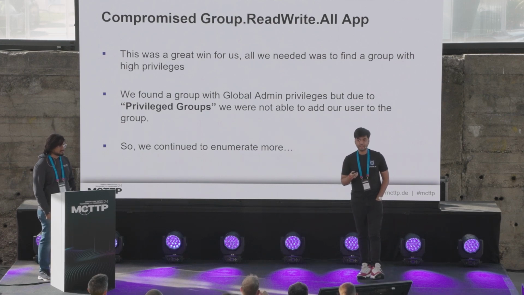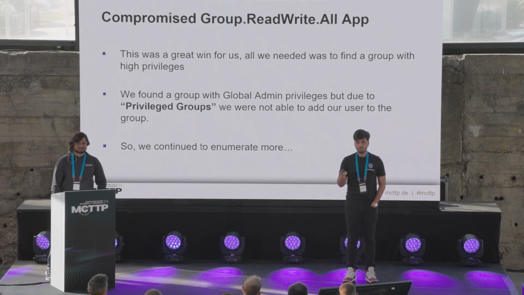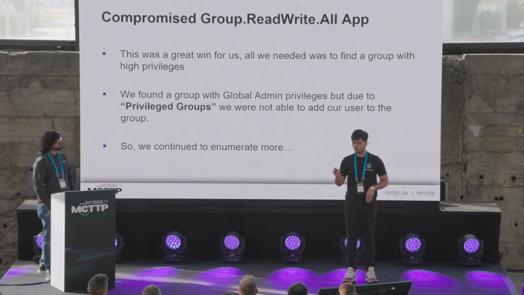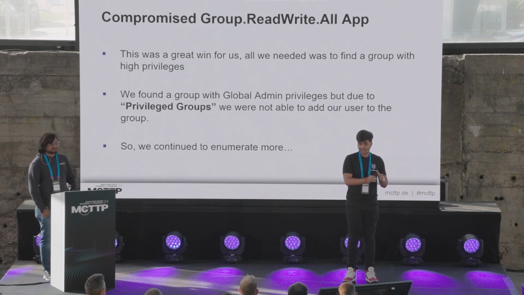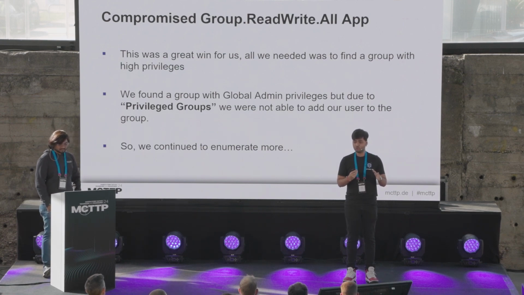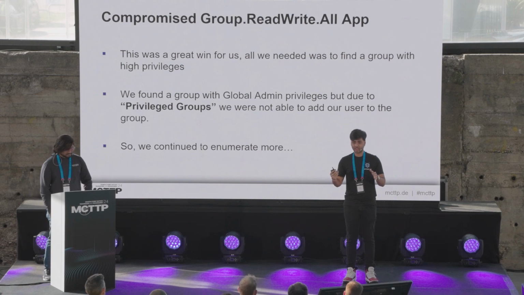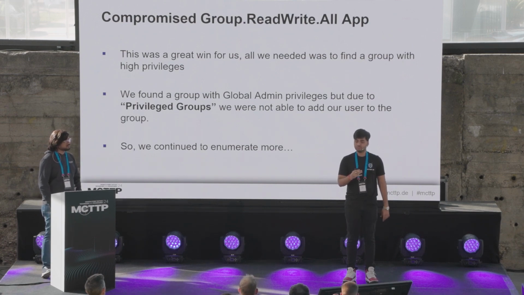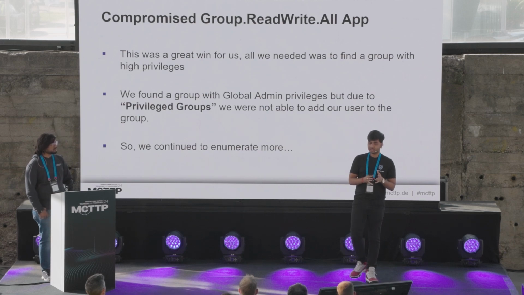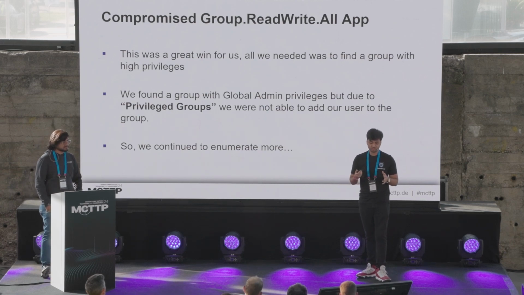We found that if there's a group which has privileged permissions like global admin, application admin, or any admin permissions, that group is called a privileged group. And with only Group.ReadWrite.All permissions, I cannot add any user to that group because it is privileged. So we failed at that part, but we continued our enumeration.